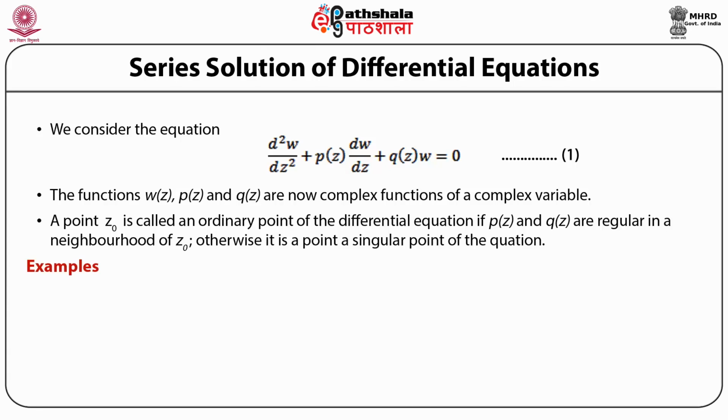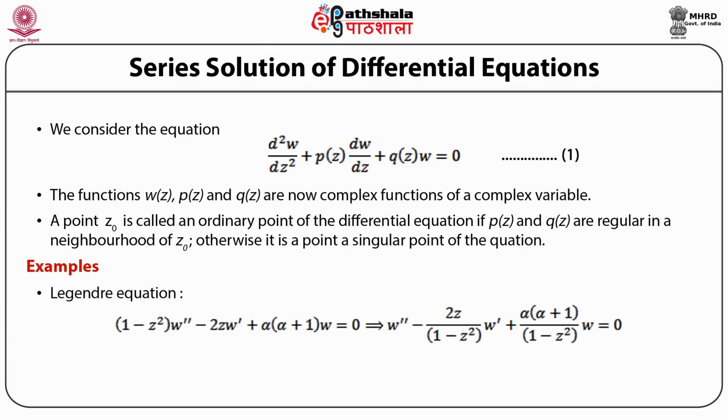Now we consider some examples. Firstly, consider the Legendre equation given by (1 - z²) w'' - 2z w' + α(α + 1) w = 0. The equation may be rearranged as follows: w'' - 2z w'/(1 - z²) + α(α + 1) w/(1 - z²) = 0.